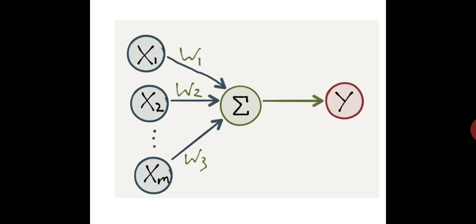Here you can see with the help of the diagram, x1, x2 and xm are the inputs and w1, w2, wm are the respective weights. After it we need to calculate the aggregate function and then the net output.